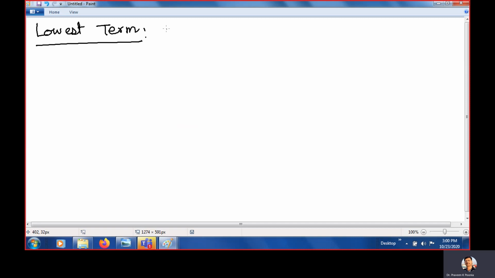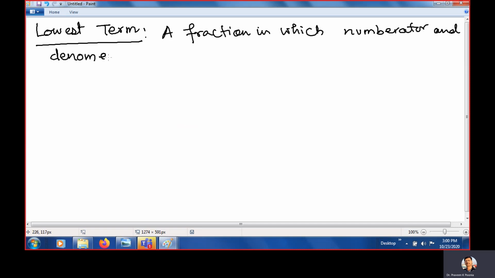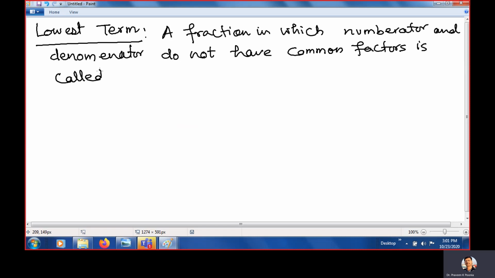A fraction in which the numerator and denominator do not have common factors is called the lowest term. Clear?